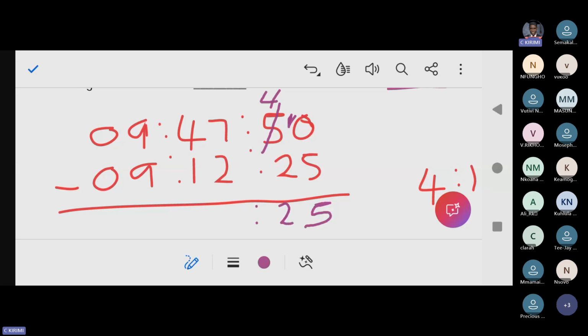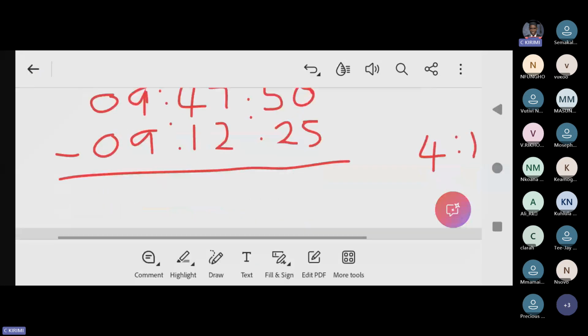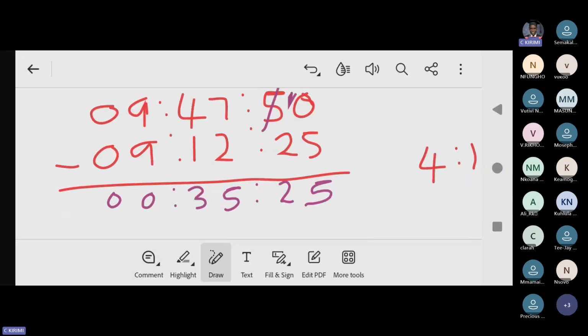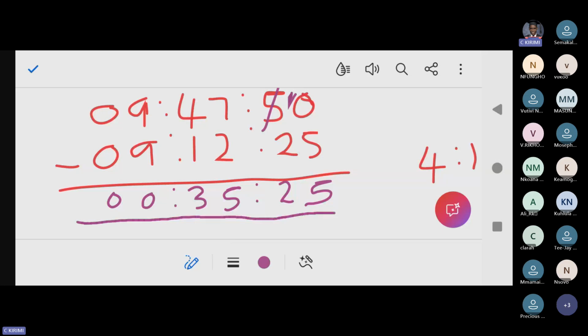Then you have your colon there. 7 minus 2, that's 5. 4 minus 1, that's 3. Then 9 minus 9, that's 0. So the time that has elapsed, if you write it in words, is 35 minutes and 25 seconds.